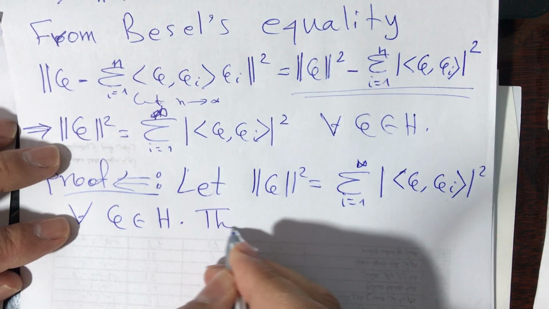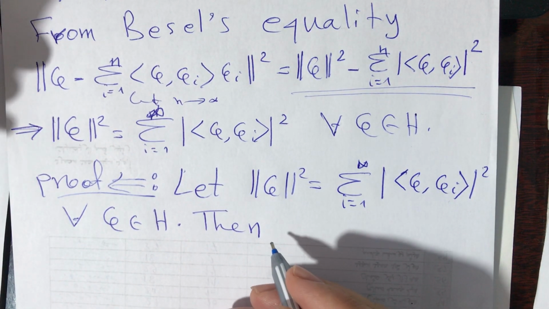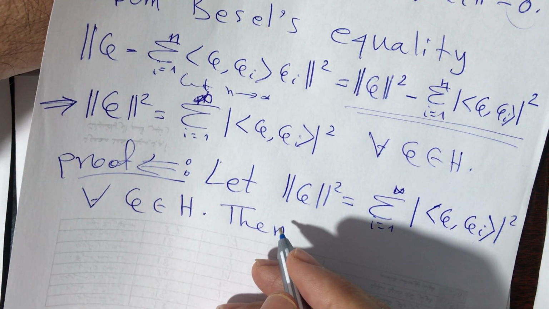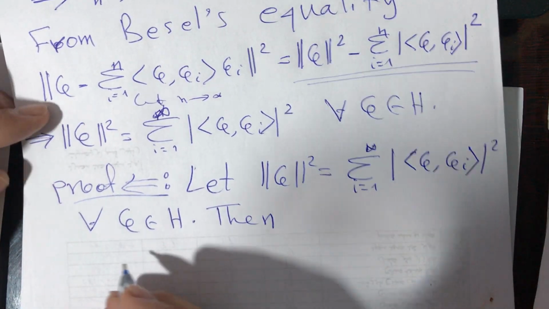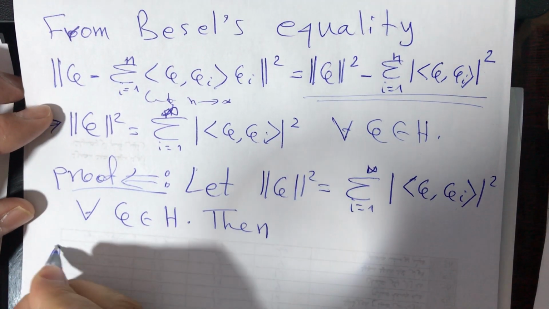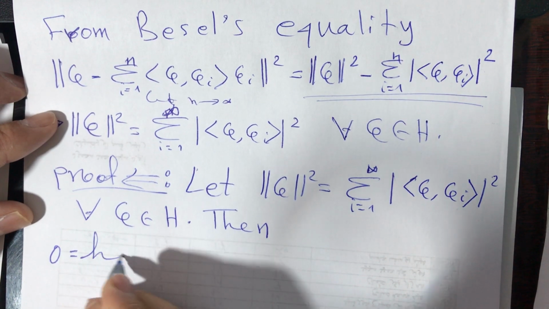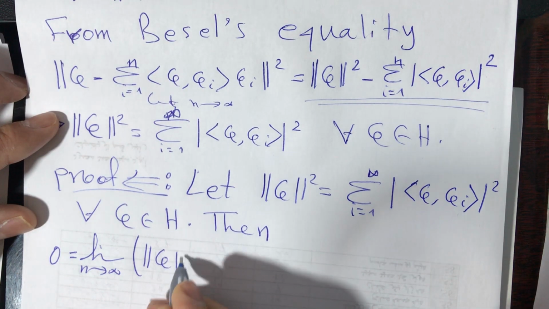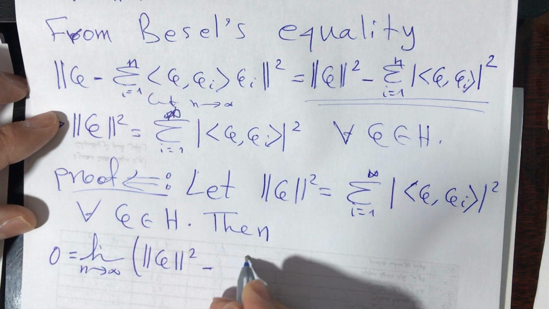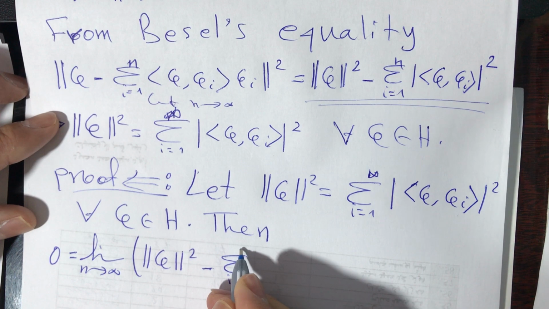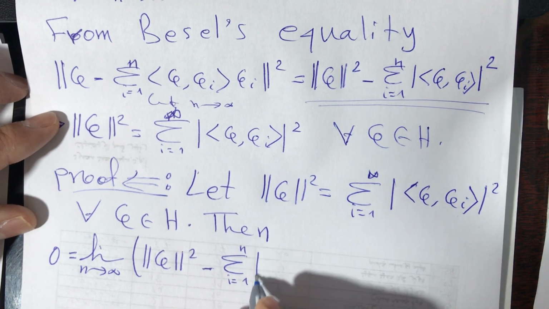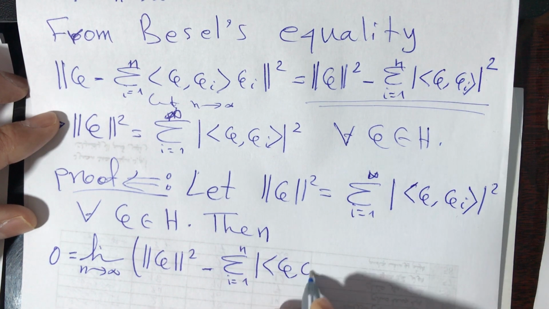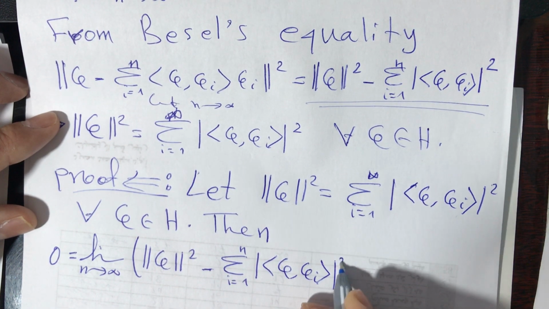Then 0 is equal to the limit as n goes to infinity of the norm of phi squared minus the summation i from 1 to n of the absolute value of the inner product of phi and phi i, squared.